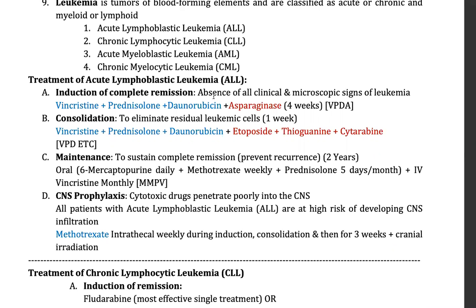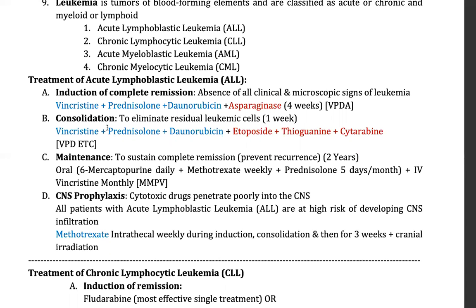It means you have to prescribe drugs which will target and cause absence of all clinical and microscopic signs of leukemia. It is called complete remission.